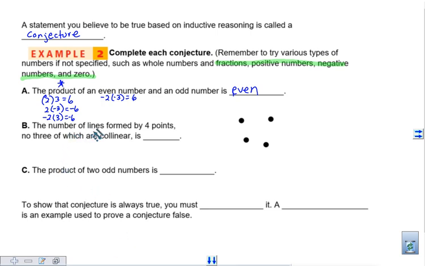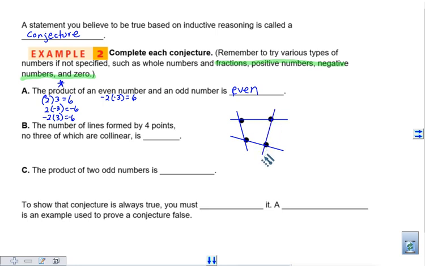Next up, the number of lines formed by 4 points, no 3 of which are collinear. So we have 4 points over here already for us. No 3 are on the same line. So we need to connect them. We've got a line going through the top 2, a line going through the bottom 2, one on the left, one on the right.